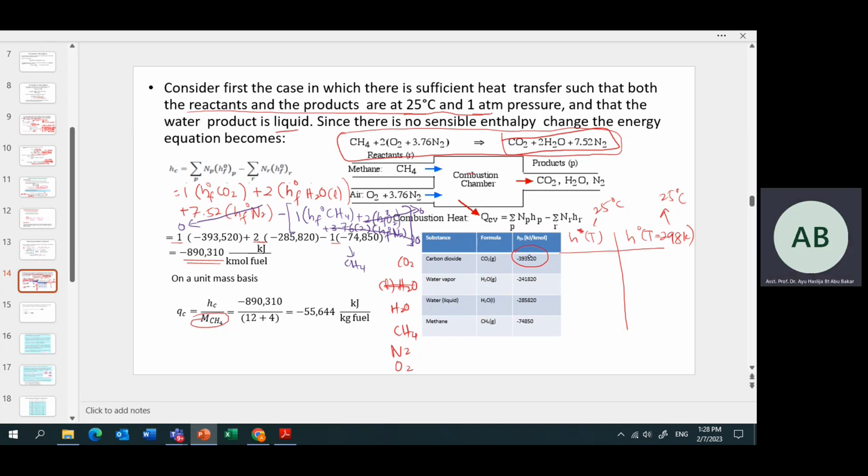Where can you find the heat of formation? Which table? Heat of formation is in Table A26.